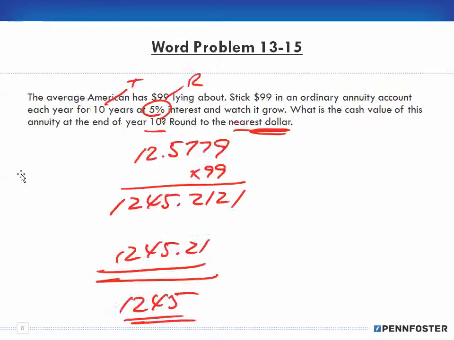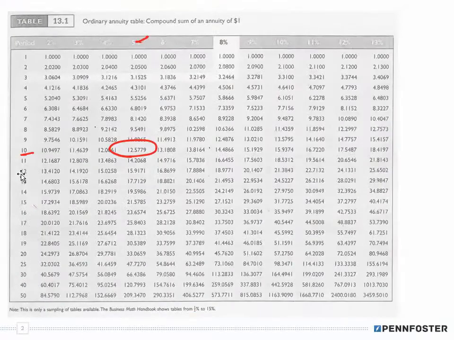So jump up to our ordinary annuity table. We're looking at 12% interest for 20 years, and that gives us a factor of 72.0524.